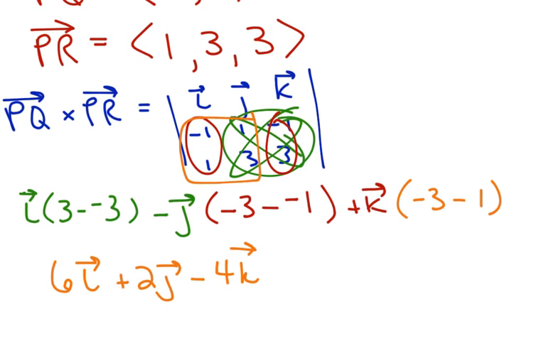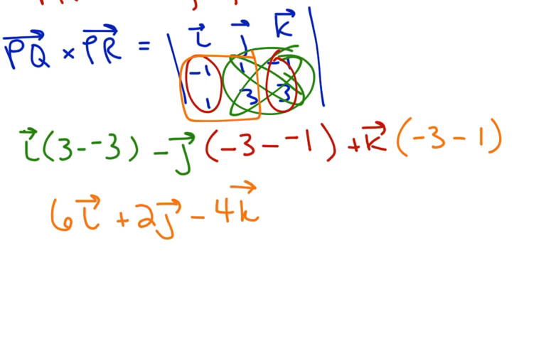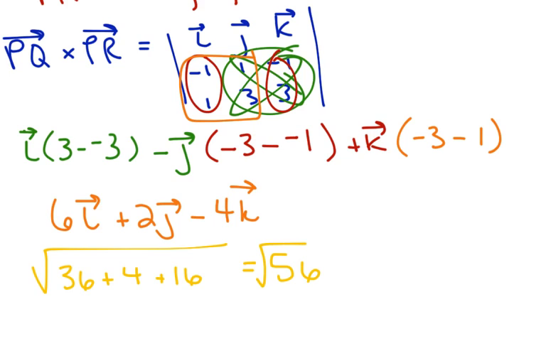Now that I know the vector, in order to find the area if this were a parallelogram, I'm going to find the magnitude of that vector. So now the magnitude is going to be the square root of 6 squared plus 2 squared plus -4 squared. And I'm going to find out that that's the square root of 56, or 2 the square root of 14.